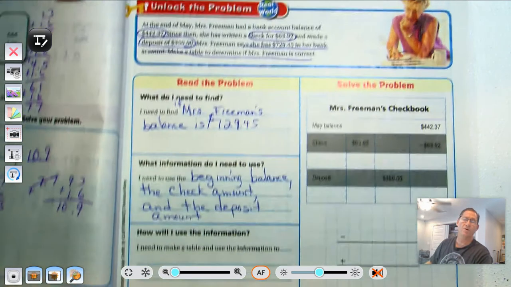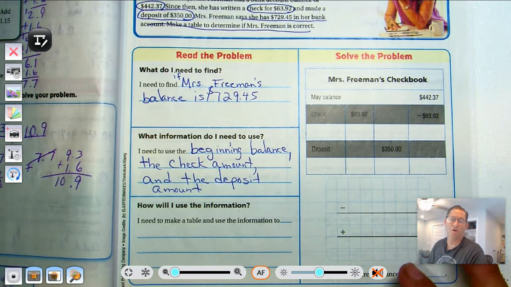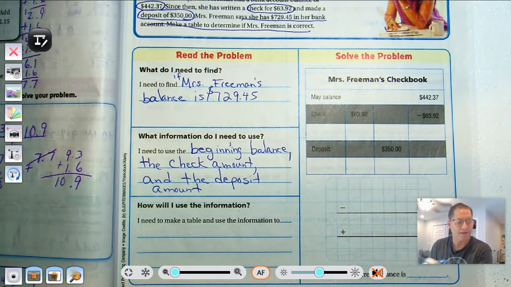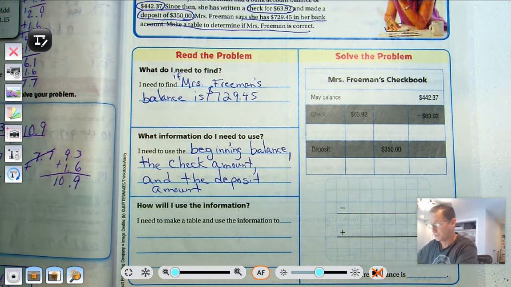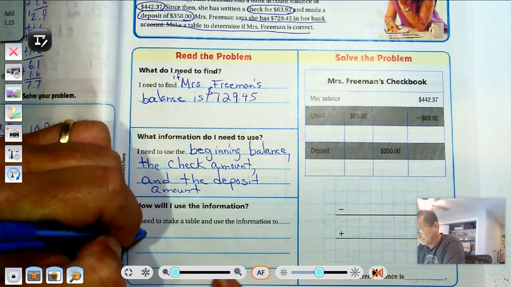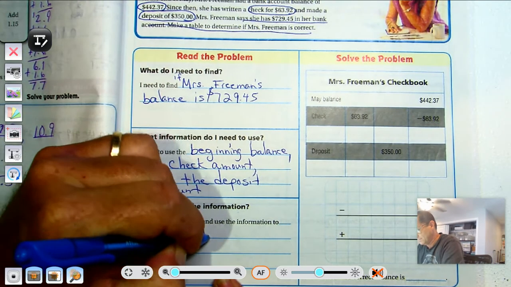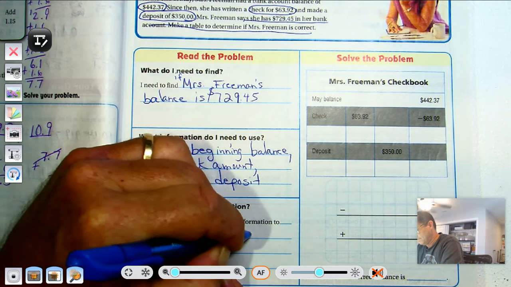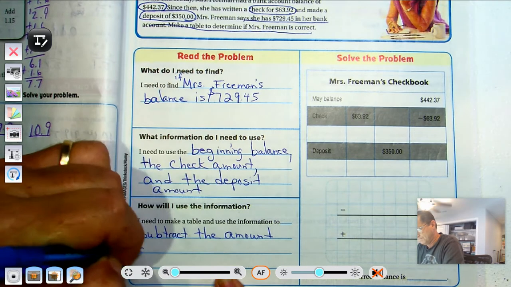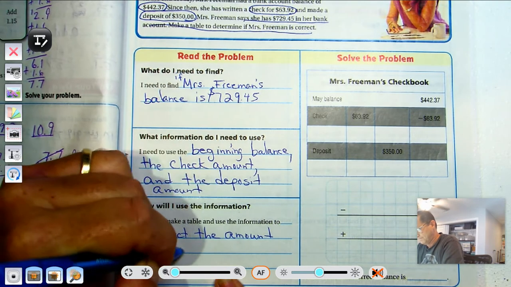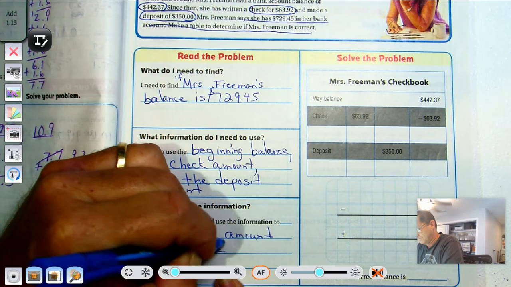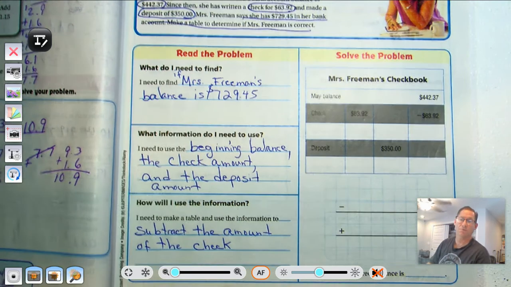All right, so how are we going to use that information today? Well, we're going to make a table and we're going to use the amount to subtract the amount of the check. Okay, so that's what we're going to start with.